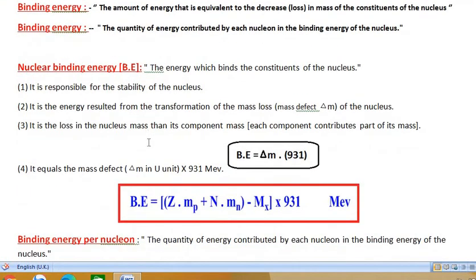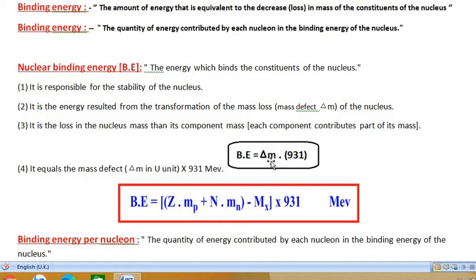How to calculate this binding energy? By subtracting. Delta M is the difference between the mass as calculated and the actual mass. If you subtract the two masses, you get the delta M, which is called the lost mass, or the mass defect.